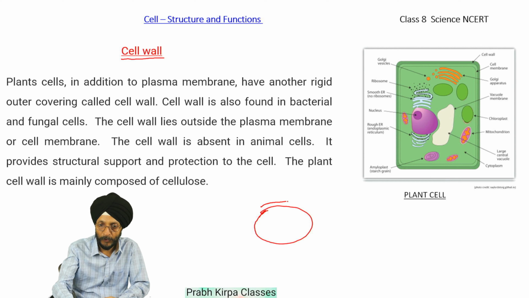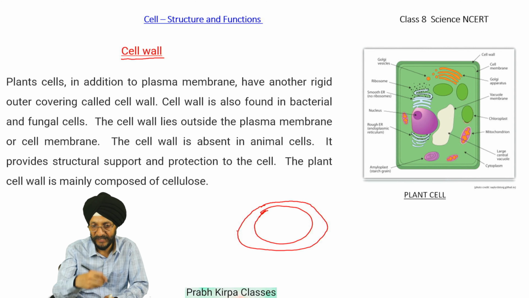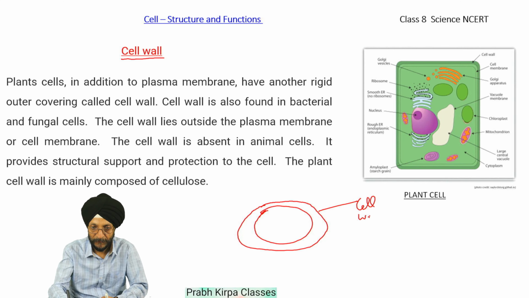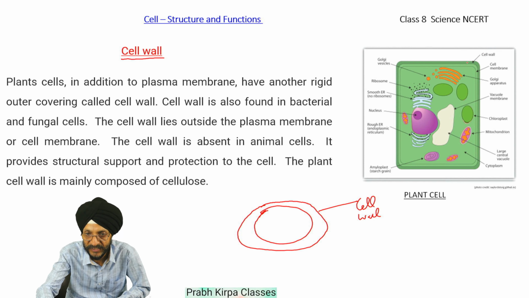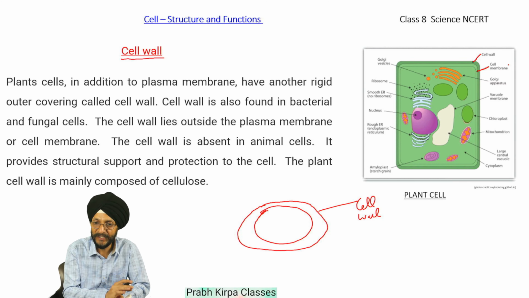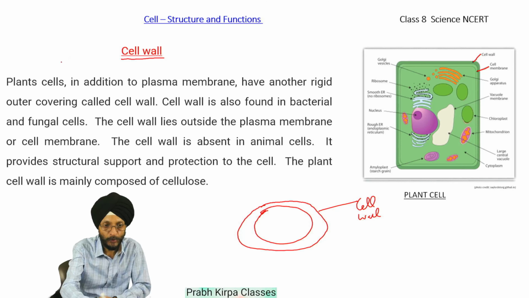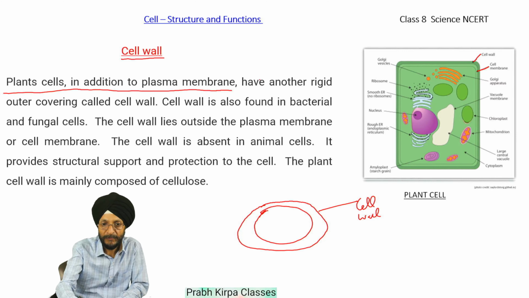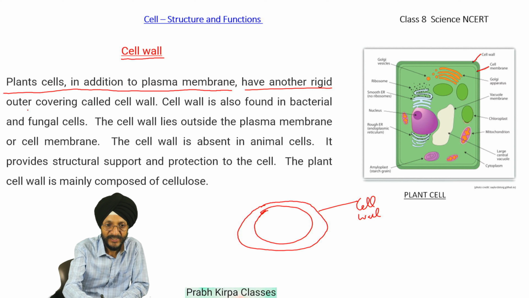But in plant cells, there is an outer covering again outside the plasma membrane, known as the cell wall. Here in this picture you can see that the outer covering is the cell wall. This internal covering is known as plasma membrane or cell membrane, which is also present in animal cells. So plant cells, in addition to plasma membrane, have another rigid outer covering called the cell wall.